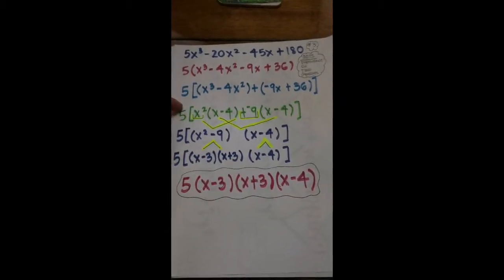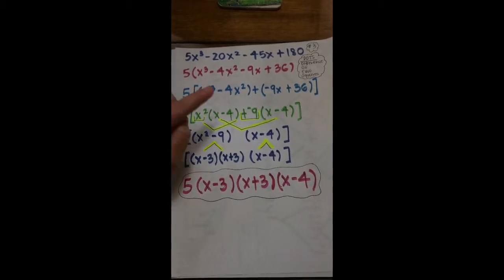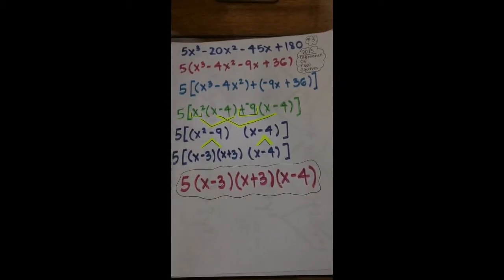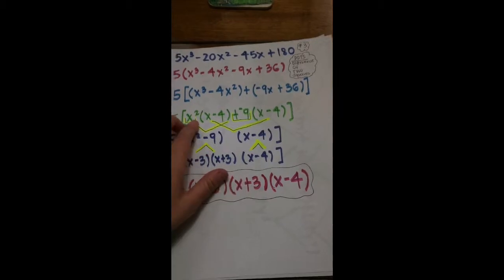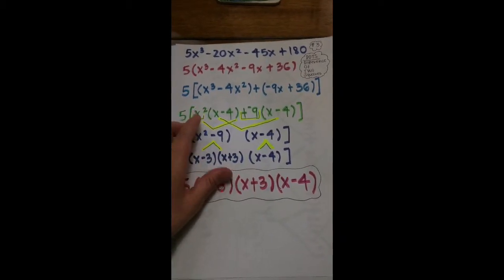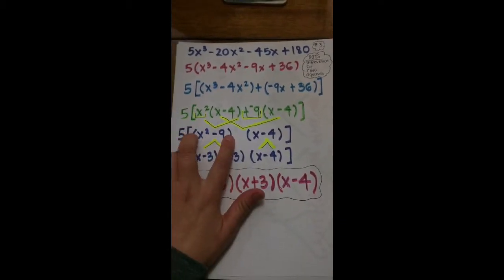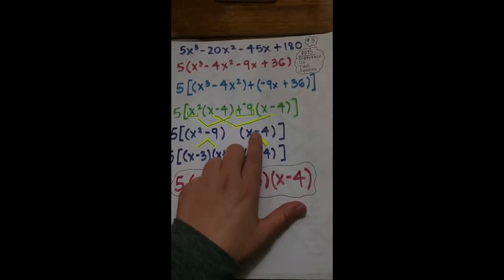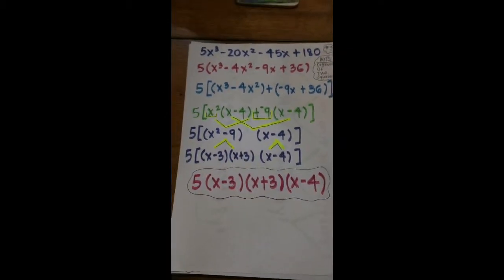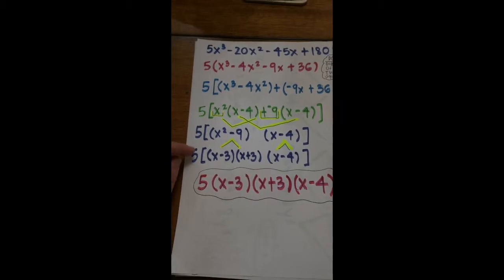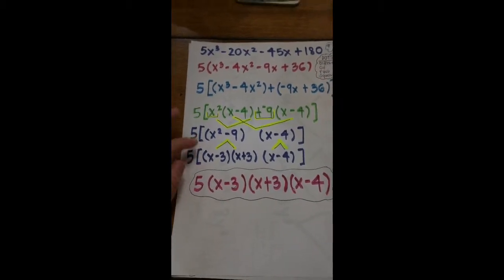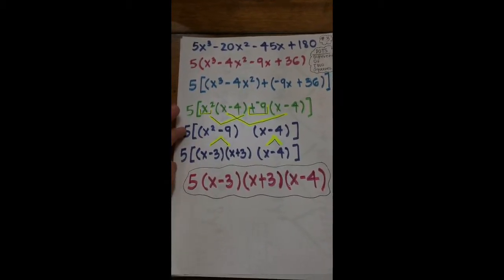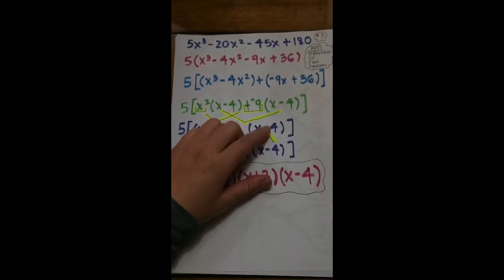So you'll have x squared times x minus 4 plus negative 9 times x minus 4, and you're going to take your x squared and your negative 9 and put that into parentheses, and your x minus 4 into parentheses. So you're going to break down your x squared minus 9 into x minus 3 and x plus 3, and then this is going to stay the same.